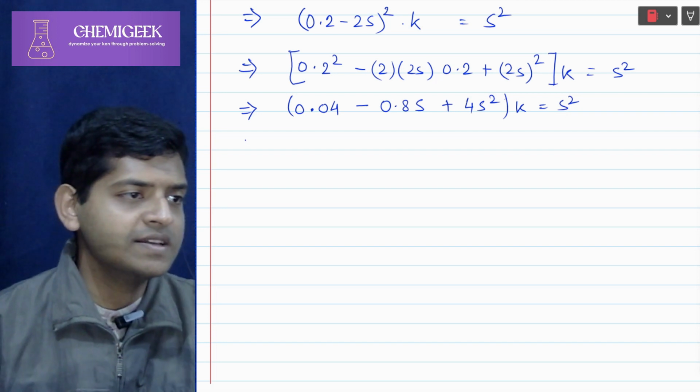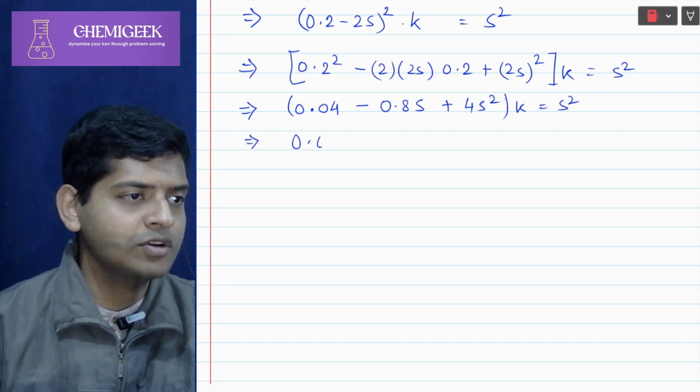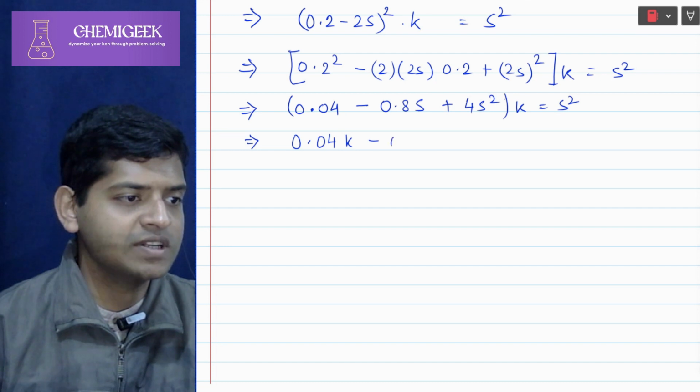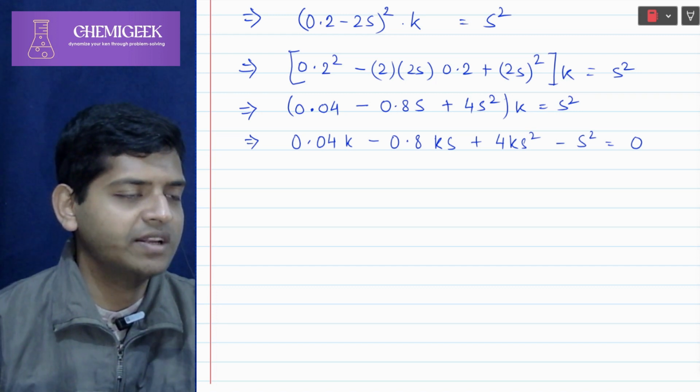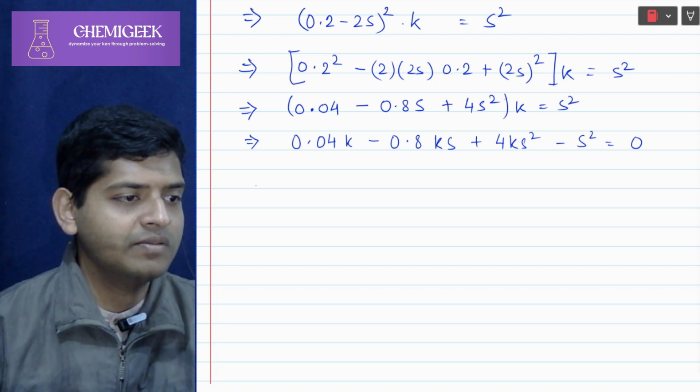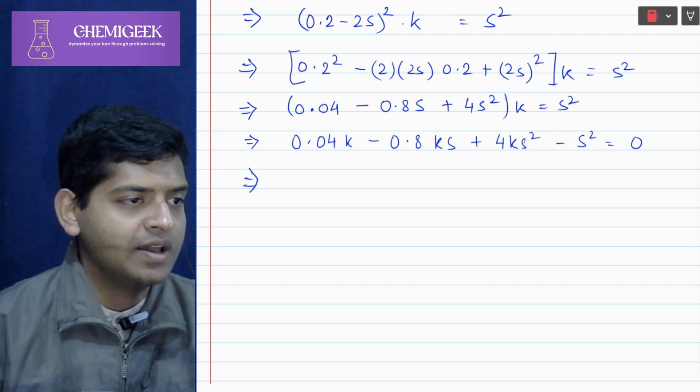Now this implies 0.04K minus 0.8K multiplied by S plus 4K multiplied by S square minus S square is equal to 0. Looks like a little complicated equation, but we will be simplifying it.